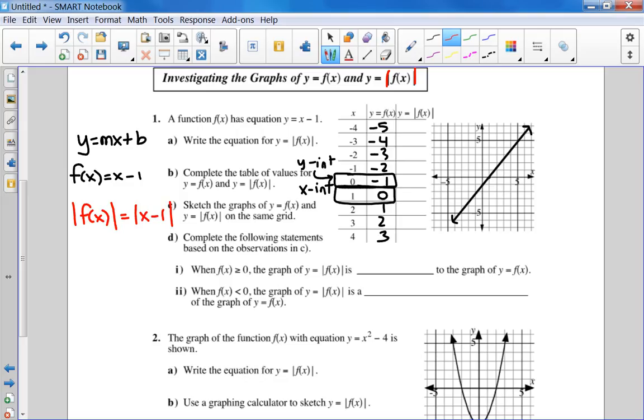Only the portions of the graph that experience negative values, right? If the graph has y values that are negative, it's going to say, nope, that's not cool, flip up. So all we have to do is do a mirror image. So if we are doing a mirror image, you imagine like this mirror line.